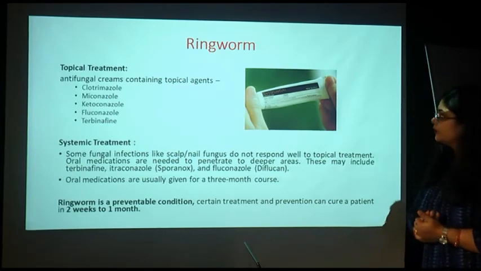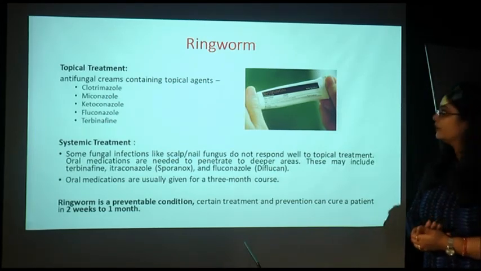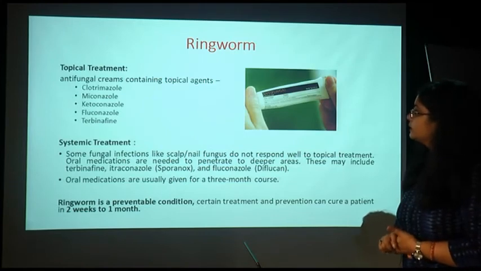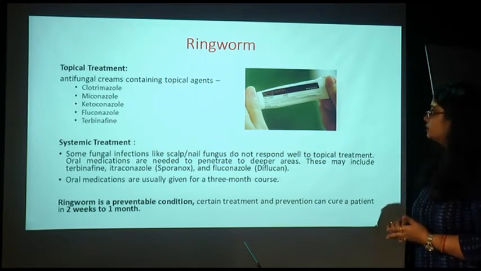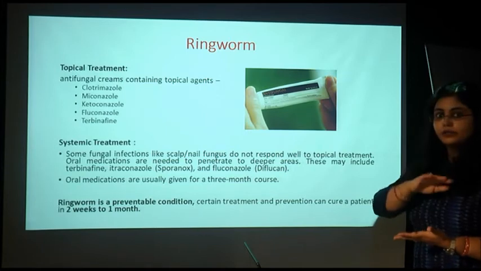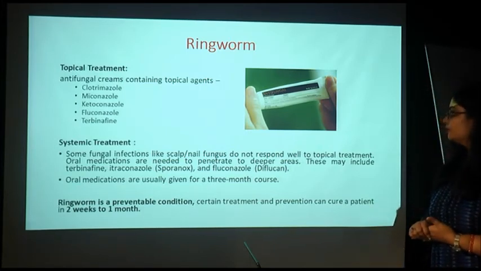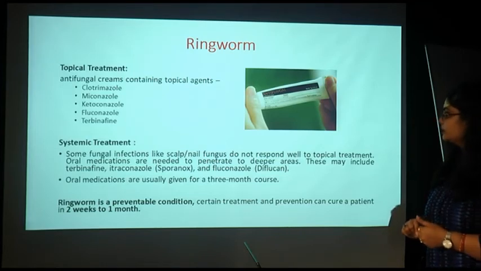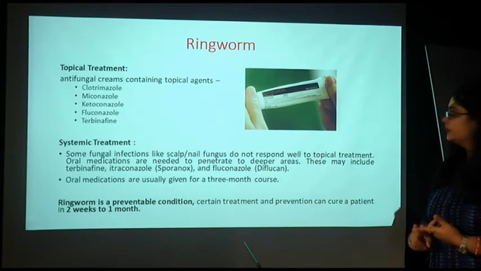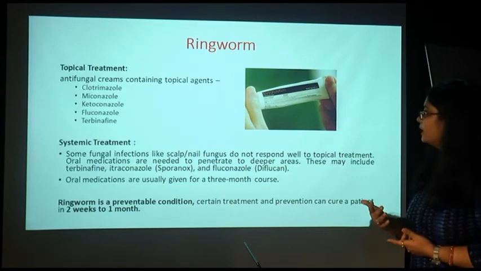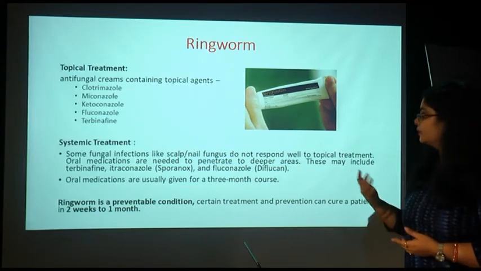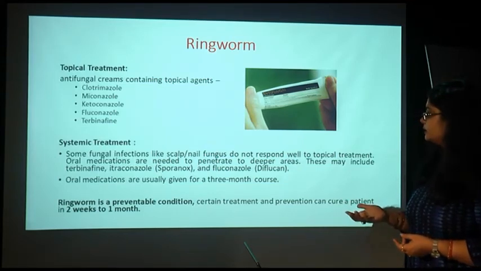Now there are two types of treatment. First is topical treatment, where drugs such as clotrimazole and ketoconazole are applied on the surface of the infection, or it could be systemic. For example, some fungal infections, like those in the scalp and nails, do not respond well to topical treatments.